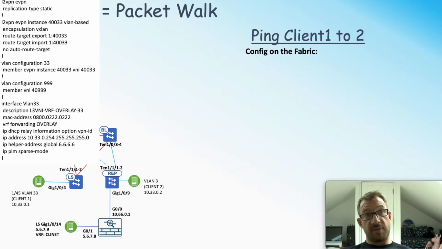You can have distributed Anycast gateway, as we've just talked about, which is the same IP and MAC address everywhere on all leaves. You could have a unicast gateway, which is more traditional, where each of the VLANs has a unique IP address and MAC.